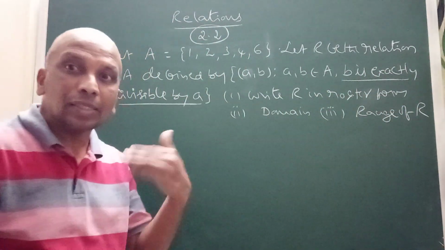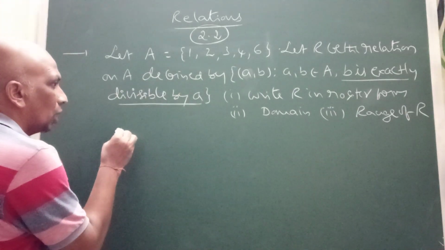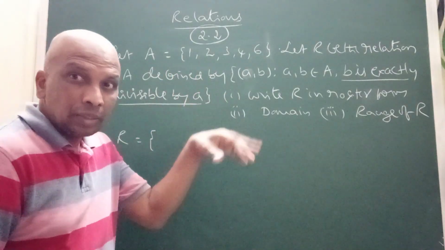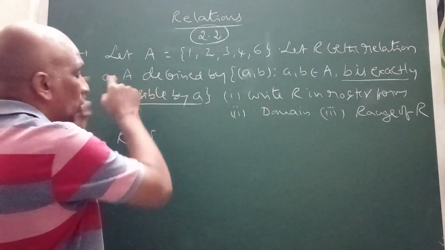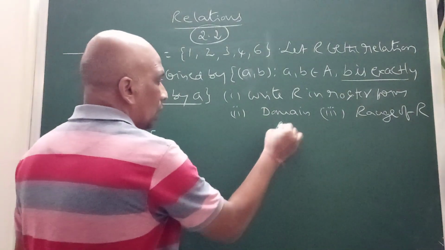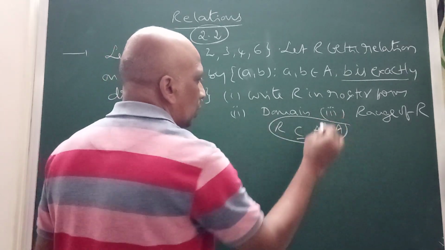So the relation is from A to A only. R is a relation on A, which means R is a subset of A cross A. You remember, R is a subset of A cross A.